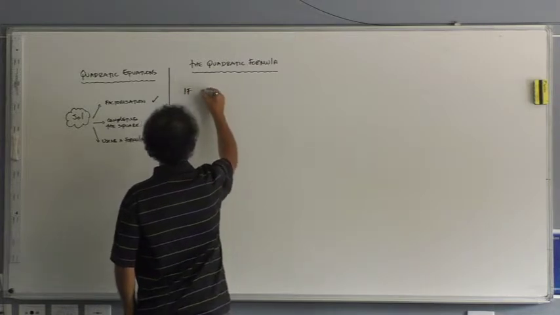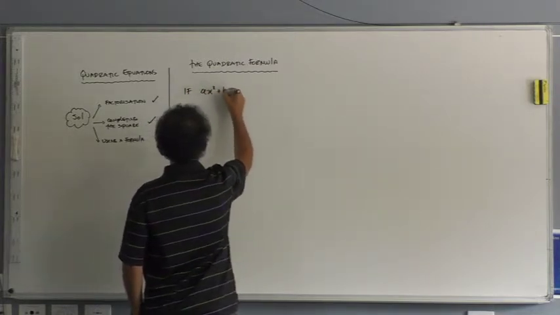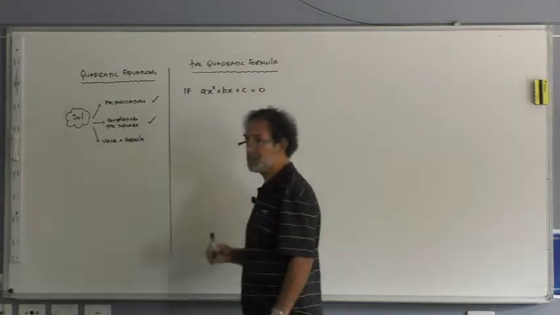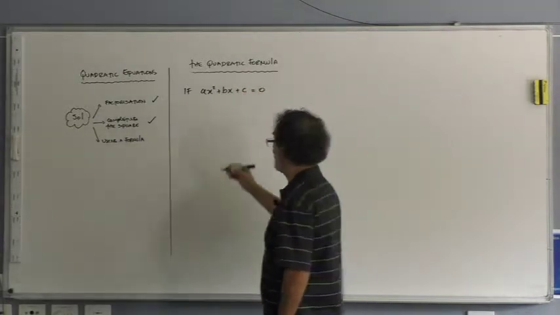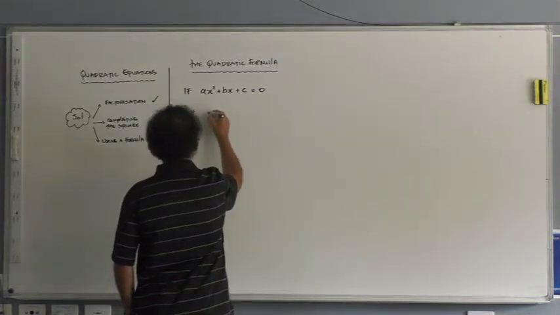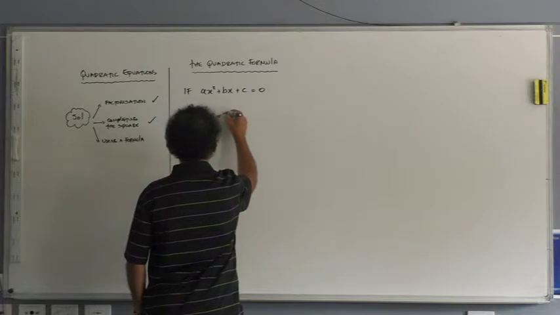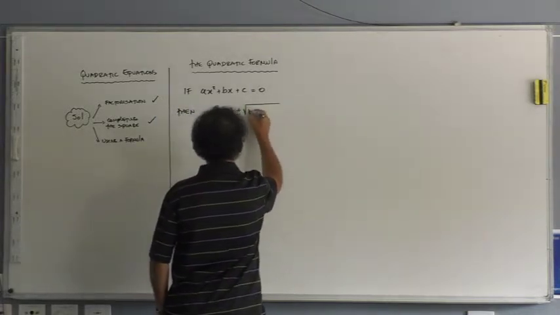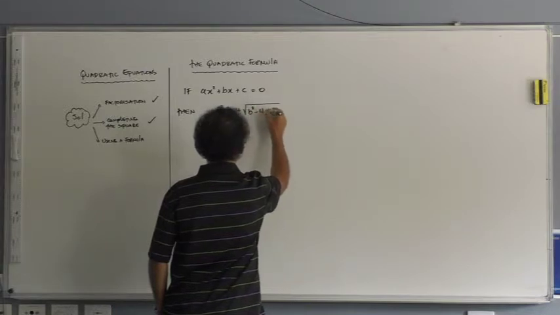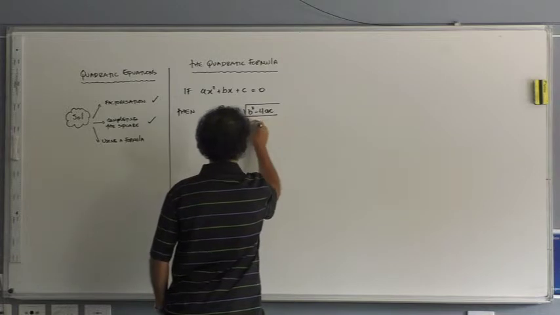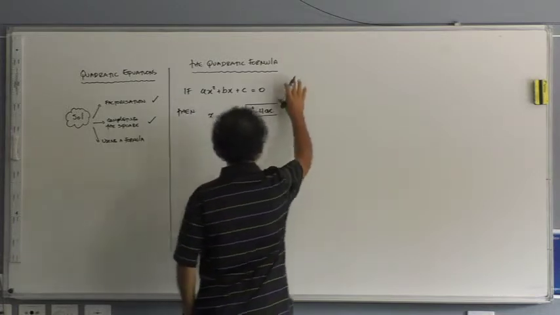So we're going to say this. If ax squared plus bx plus c equals 0, then x is going to be equal to minus b plus or minus the square root of b squared minus 4ac, all over 2a.